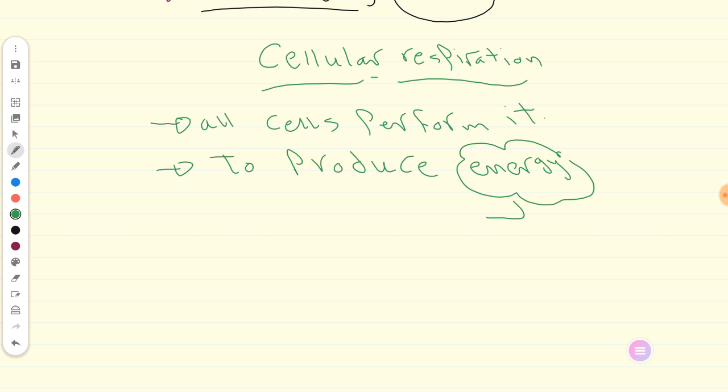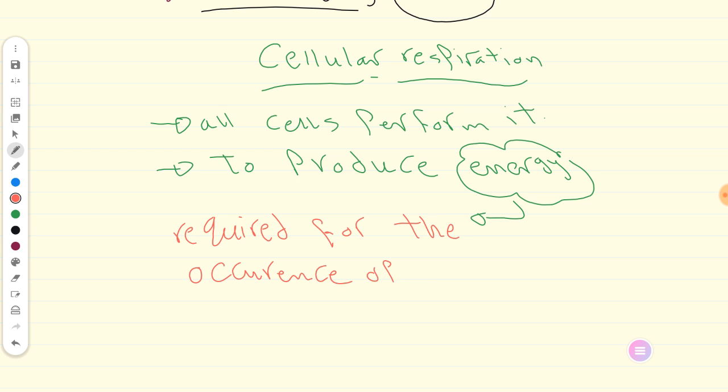This energy is required for the occurrence of all vital activities, all vital activities which are performed by the living organisms' bodies.